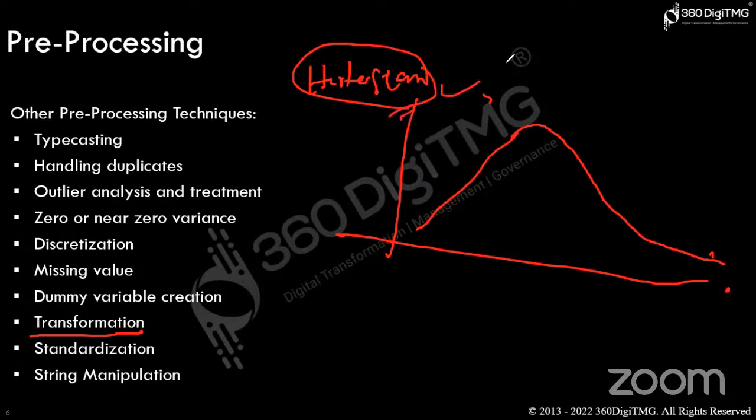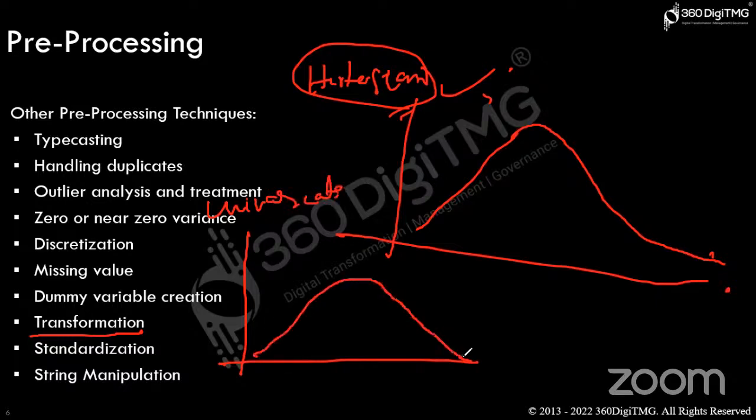How do you decide whether a feature is normally distributed or not? Whatever feature you are taking from your data frame, it is a univariate analysis.